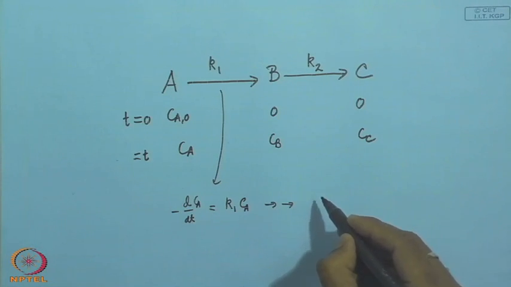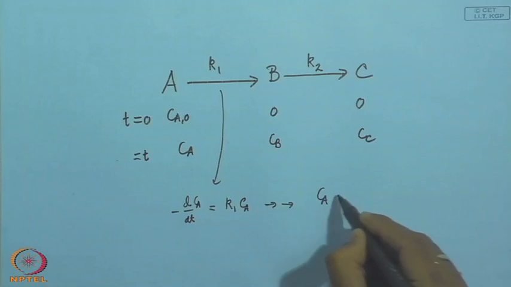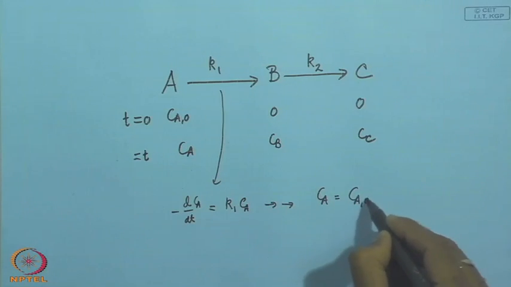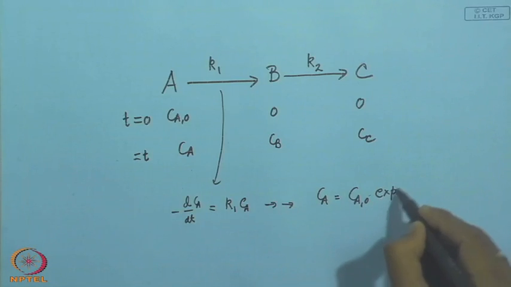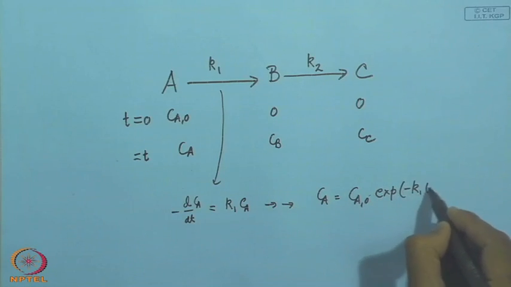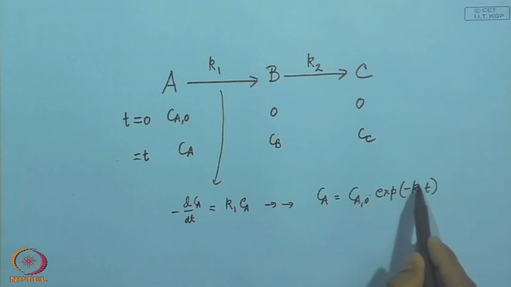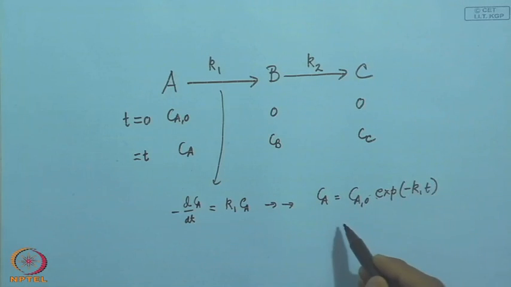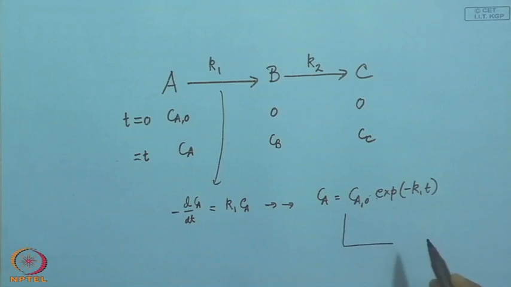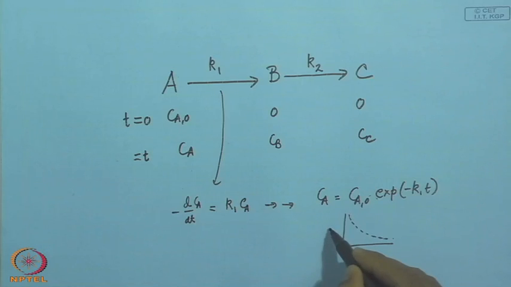When we integrate, we will get CA is equal to CA0 exponential minus K1 t. Minus K1 t means with increase of t, this quantity will be depleted. That means CA will decrease in a first order fashion, exponentially decreased. Okay. So, this is the concentration at this time.